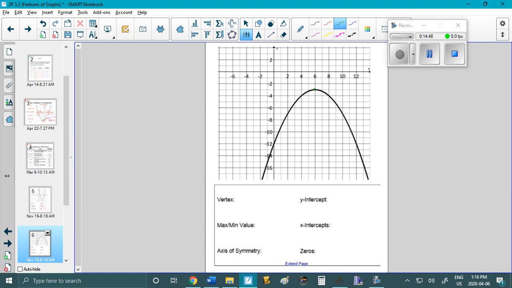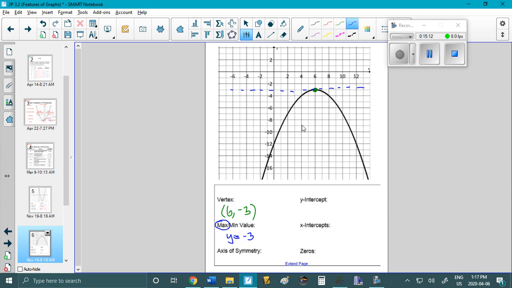The vertex, right here. The x value is 6. The y value is -3. The max or min. This time you can see this is actually the highest it goes. So this is going to be a max, and it's y equals -3.